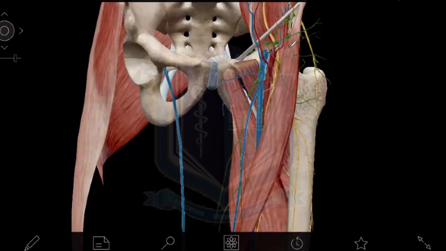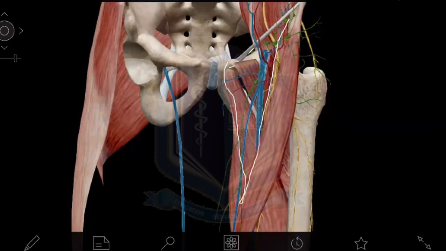This is formed laterally by the medial margin of sartorius. Let me change the color. Medial margin of sartorius. On the medial side, that is formed by the adductor longus. Adductor longus would be present in the floor as well as the medial boundary, so it has two components.